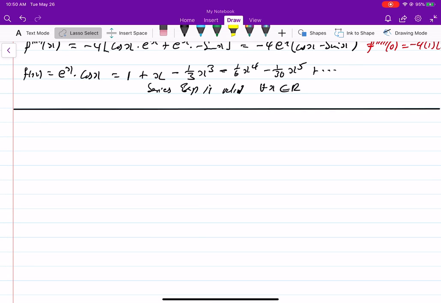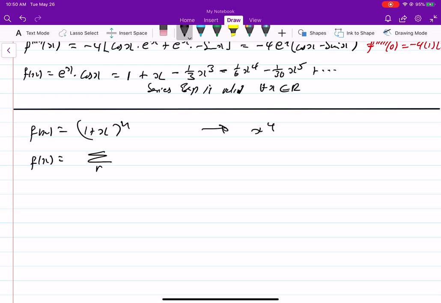I'm supposed to expand f of x is equal to 1 plus x to the n up to x to the fourth. So I'll write this one out just to get the feel for it again.